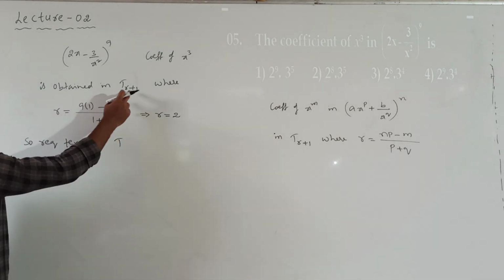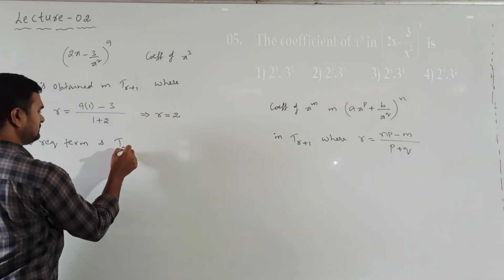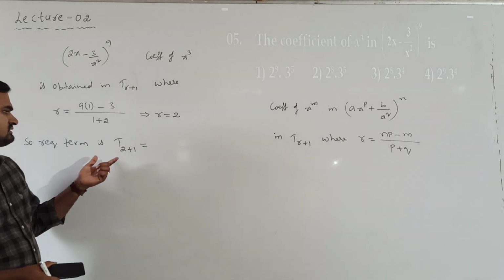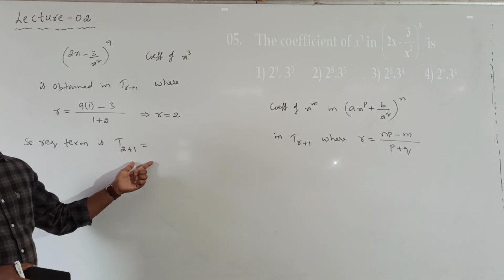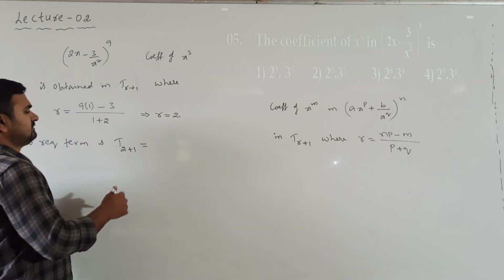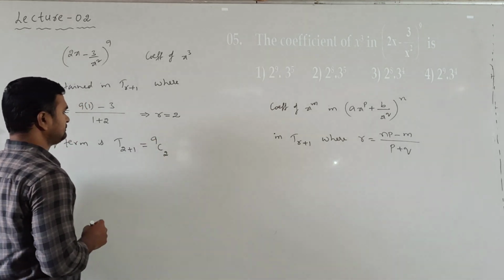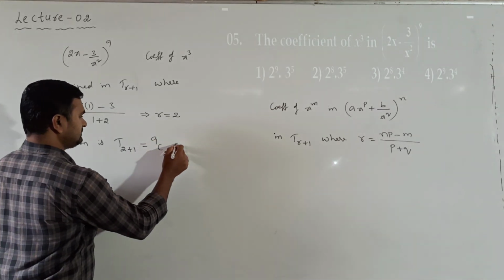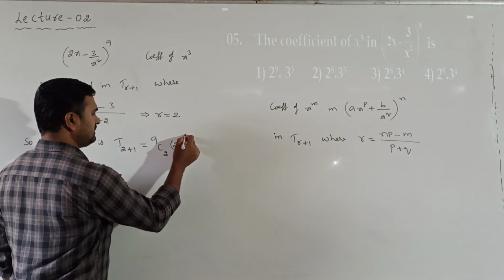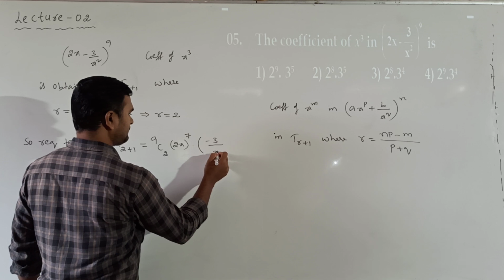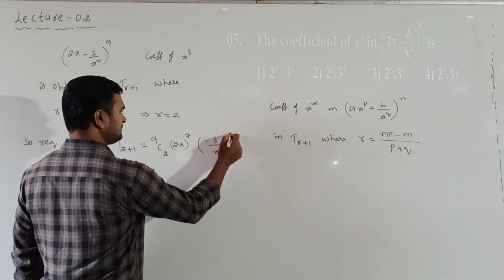t r plus 1, r is 2. Now we have to find this term. So how can I find t 2 plus 1 by using the general term formula? nCr, n is 9, so 9C2 (2x) power 9 minus 2 is 7, (minus 3 by x square) power r is 2.